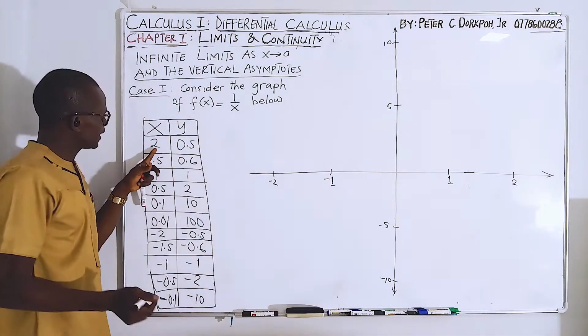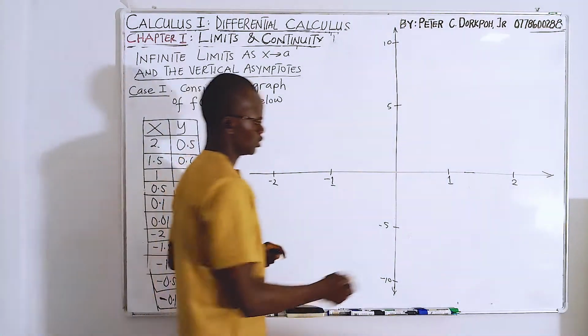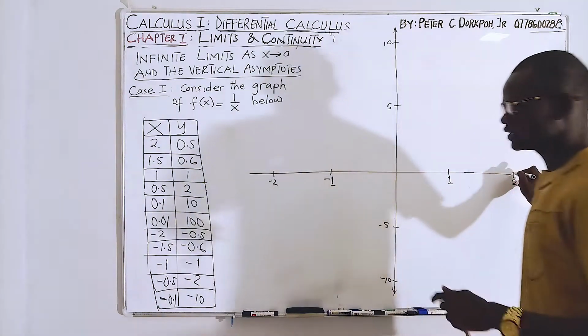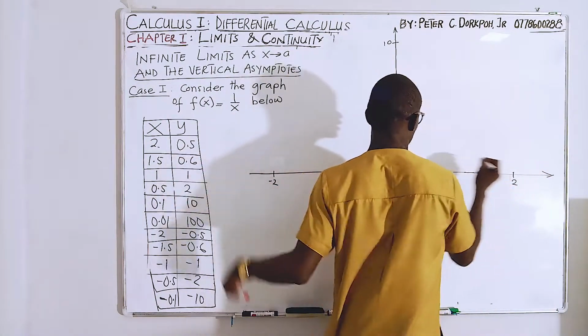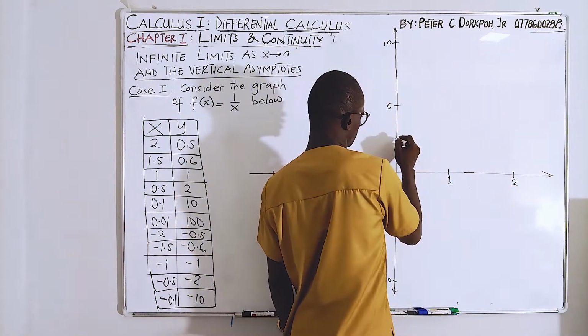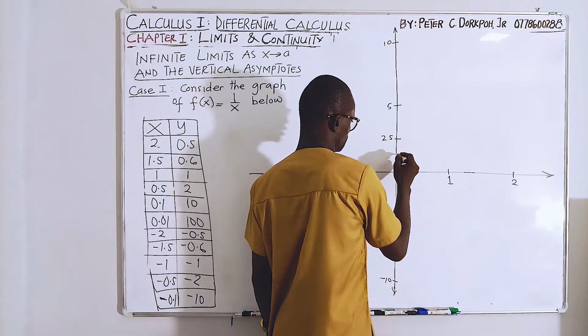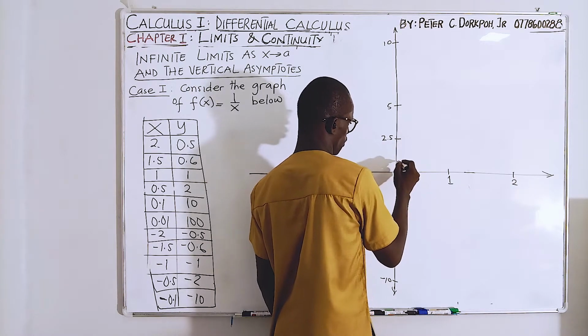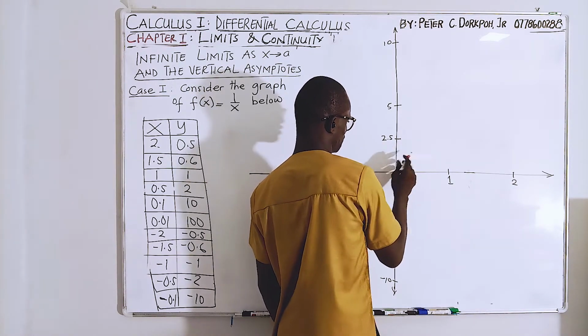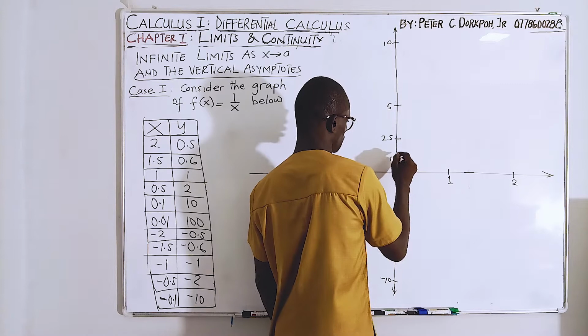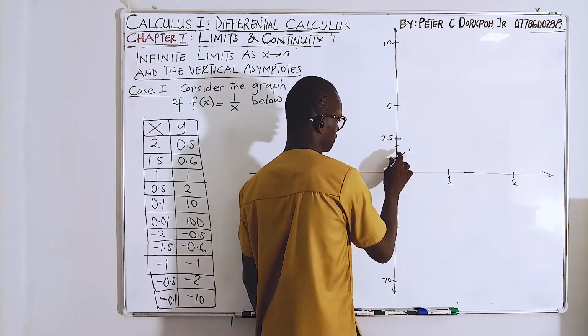Now the first one says when x is positive 2, we move to 2. y is now 0.5. So 0.5, say this is like 2.5. Say this is 1, you have 2, you have 0.5. So let's say this is 1, this is 2.5 there.